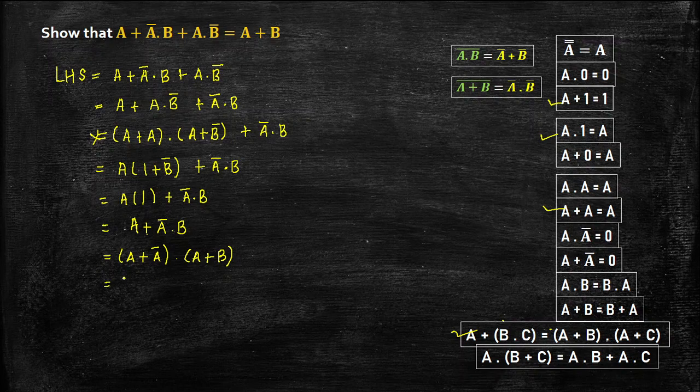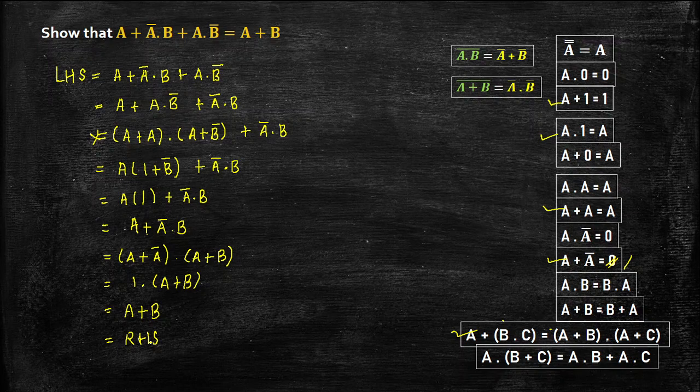So this will be a plus a complement. You know that a plus a complement is not 0, guys. This will be 1. So therefore this is 1 dot a plus b. And 1 dot a plus b is again a plus b, which is your RHS. So in this way, we can show LHS is equal to RHS.